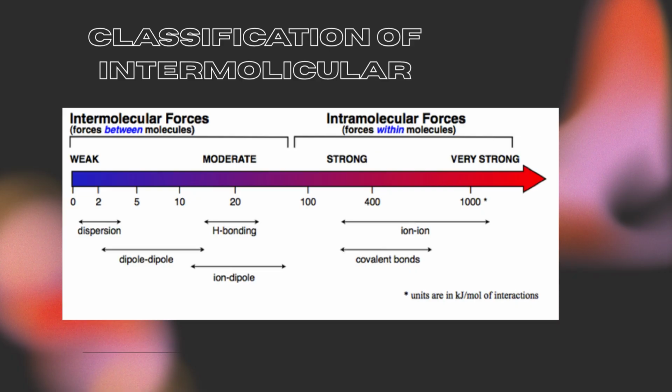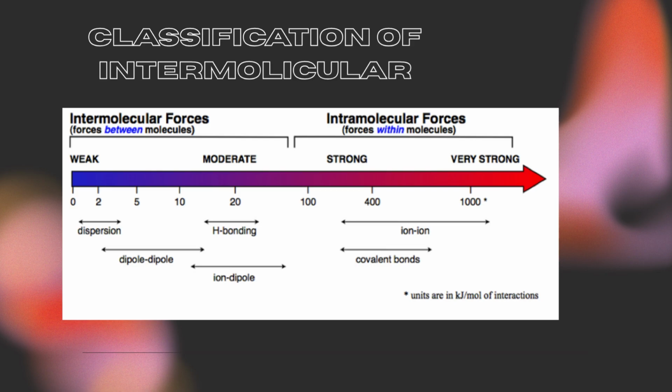Dipole-dipole interactions exist between polar molecules where the partially positive end of one molecule is attracted to the partially negative end of another. A special, stronger type of dipole-dipole interaction is hydrogen bonding, which occurs when hydrogen is covalently bonded to highly electronegative elements like fluorine, oxygen, or nitrogen.